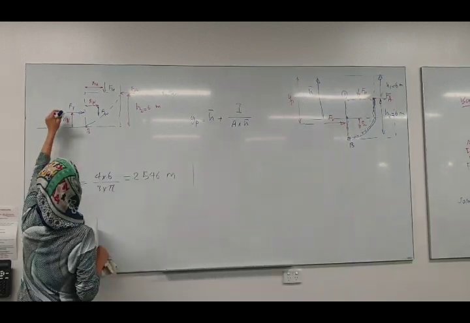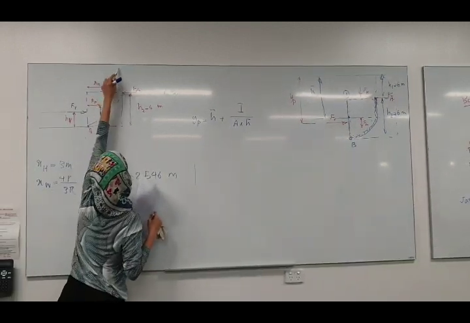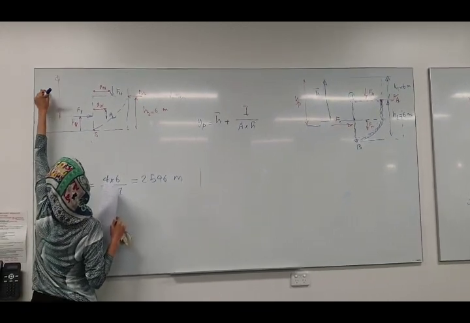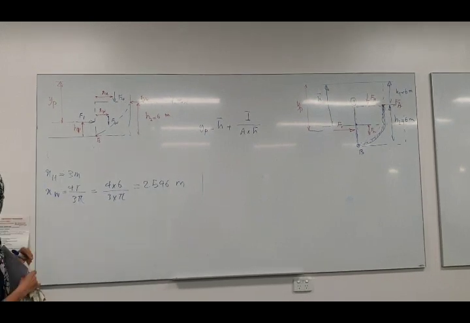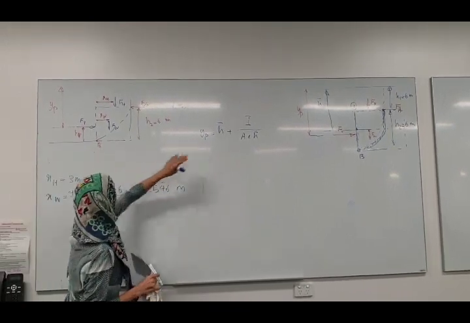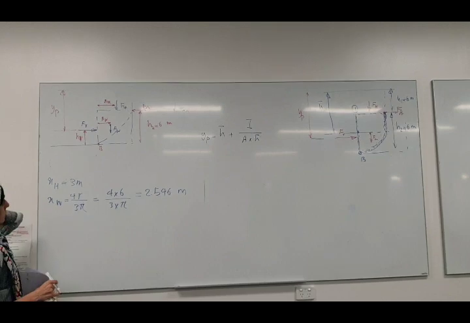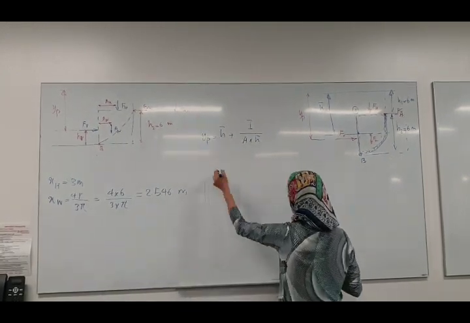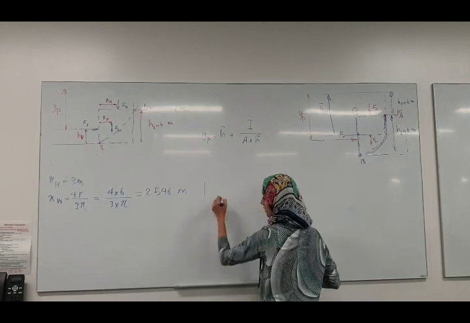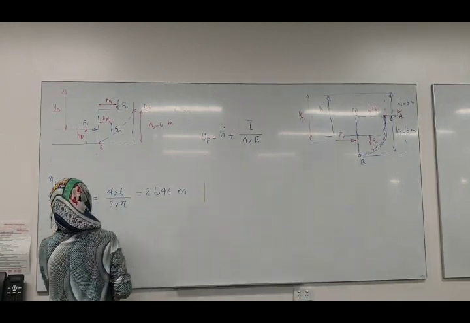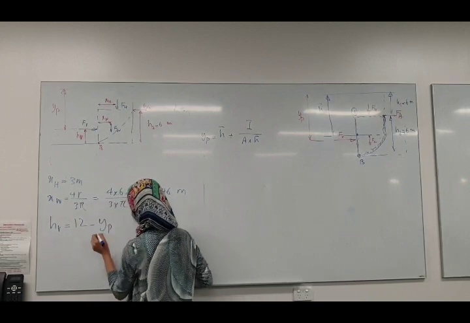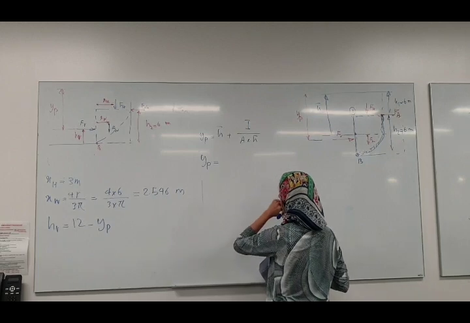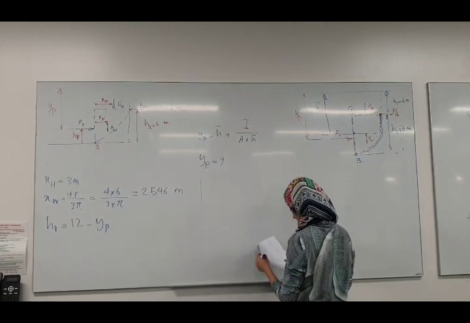Or if I want to show it here, this is the YP. We can find the YP from this formulation. We know the total height is about 12 meters, 6 meters this distance and 6 meters above. So we can simply say that HV is equal to 12 minus YP. We already know the h bar. H bar is about 9 meters.